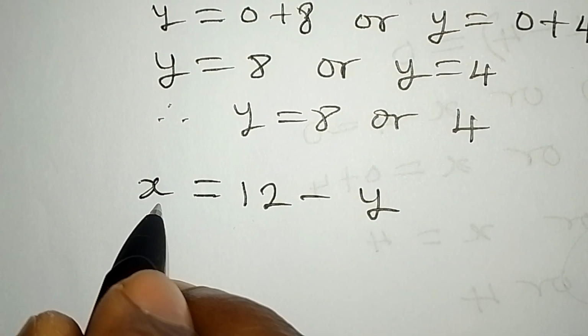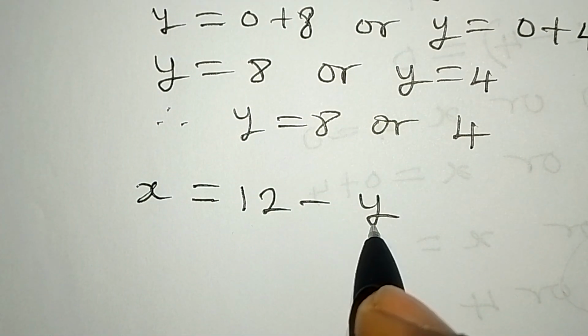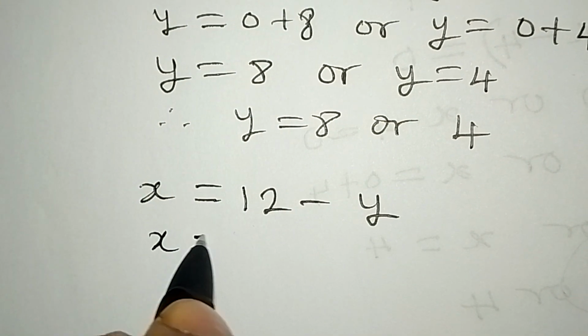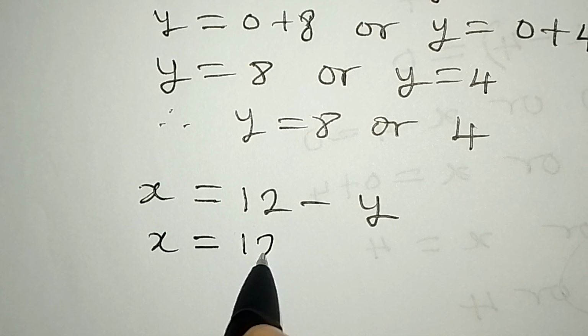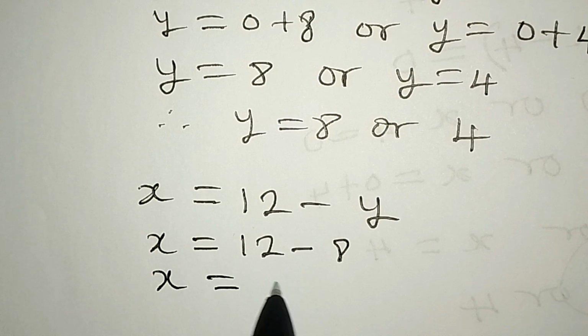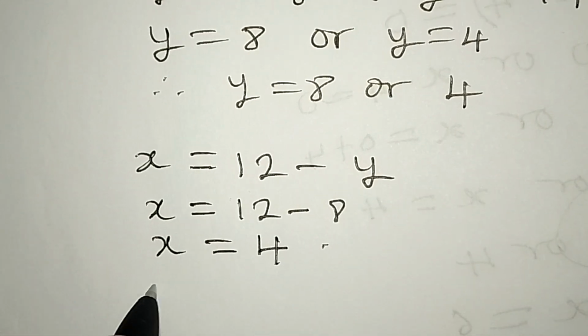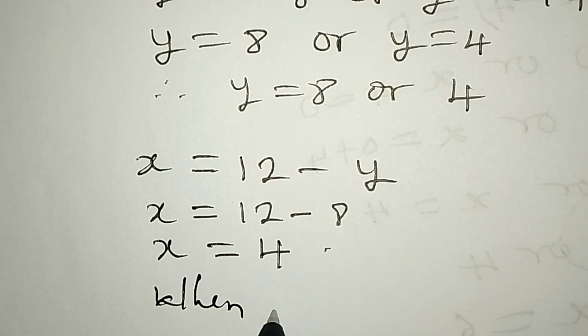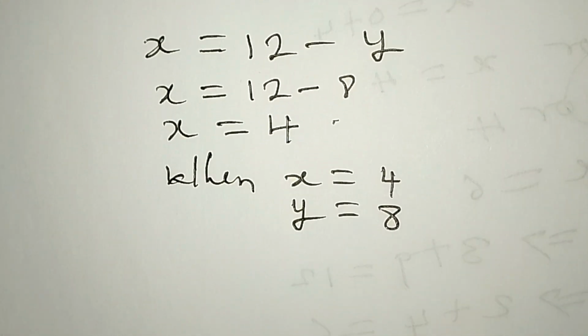Now when y is equal to 8, you put y here, and our x is equal to 12 minus 8, so that x is equal to 4. So we are saying that when x is equal to 4, y is equal to 8. That's what we are saying.